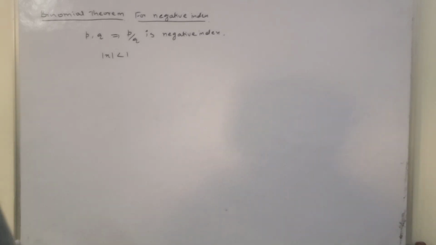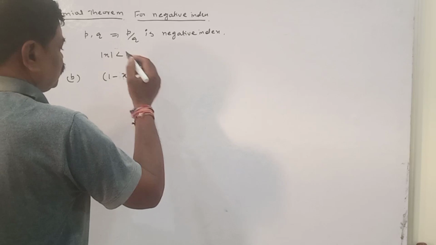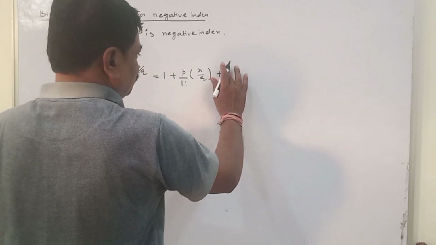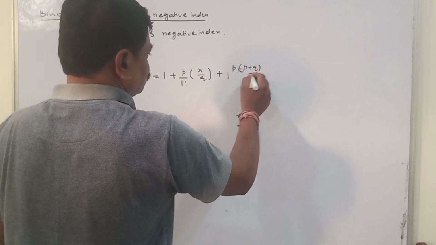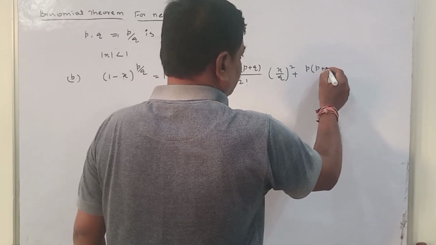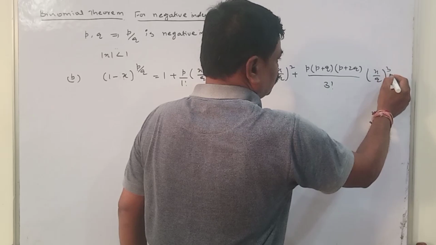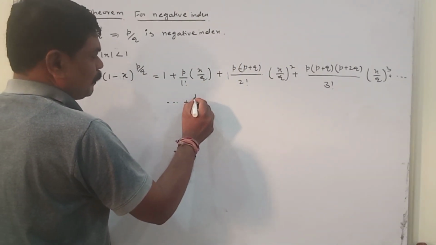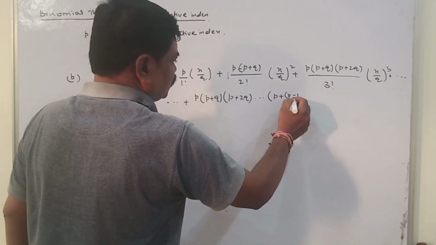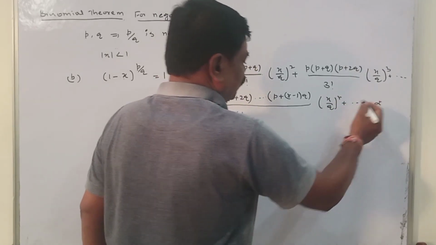Here we have one more result. (1 minus x) whole power p by q equals 1 plus p by 1 factorial x by q, plus p into (p plus q) by 2 factorial into (x by q) whole square, plus p into (p plus q) into (p plus 2q) by 3 factorial into (x by q) whole cube, plus so on, plus p into (p plus q) into (p plus 2q), and so on, (p plus r minus 1)q by r factorial into (x by q) whole power r, plus so on up to infinity.